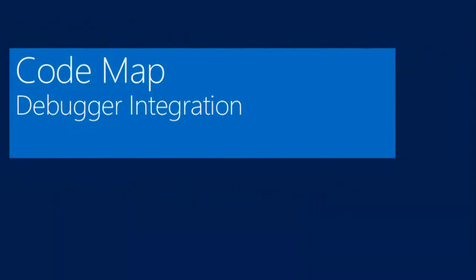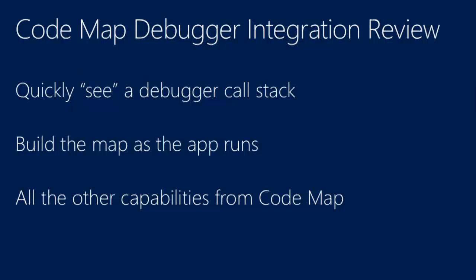So we looked at code map debugger integration. And code map debugger integration allows us to see that call stack right off the debugger. And it's really cool because I forgot to mention this when we were looking at it. All we're doing is showing that call stack in a very different way, basically parsing it into some XML, which reads into that DGML file, gets rendered. Cool, pretty, awesome.